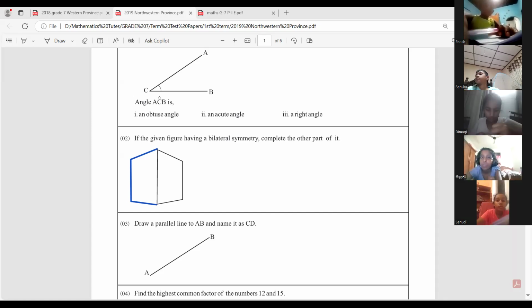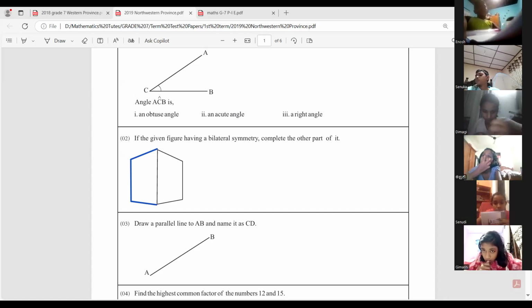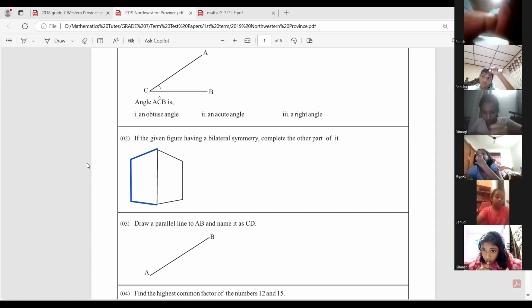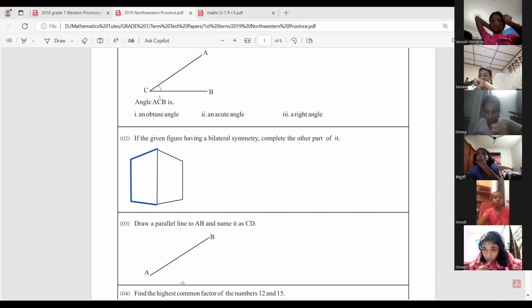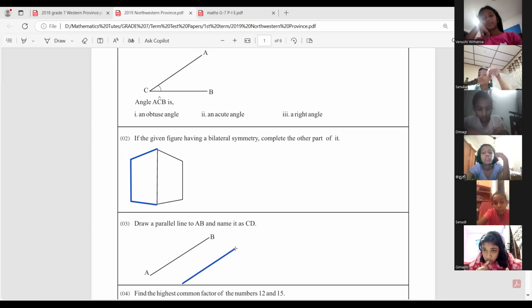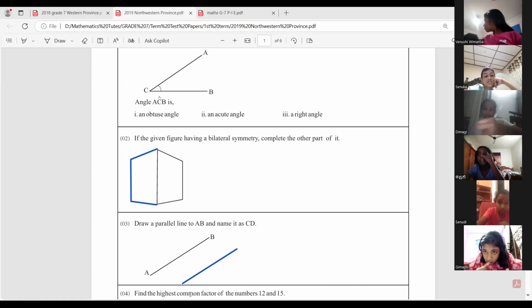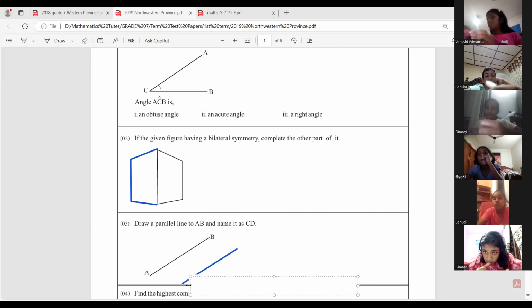You have to use the ruler and the set square, right? Then using the ruler and set square, you can draw a parallel line like this. Then you can name this one as CD.